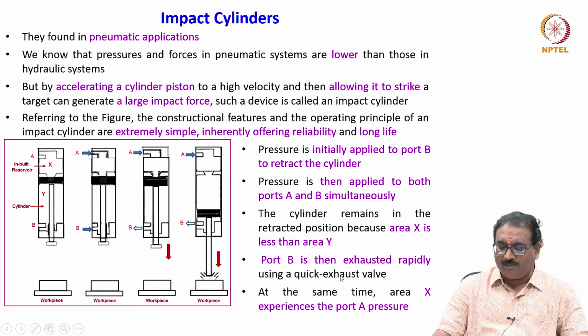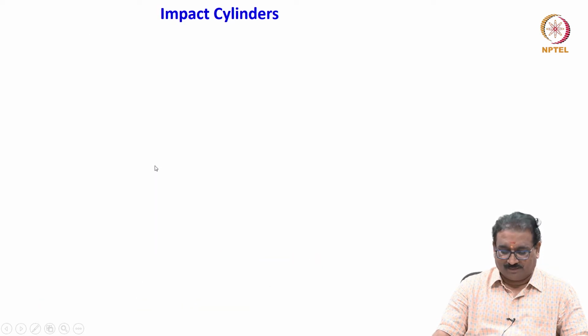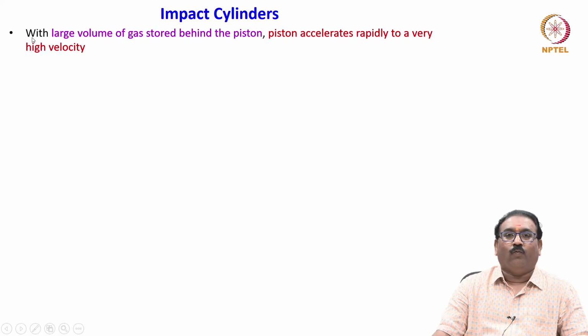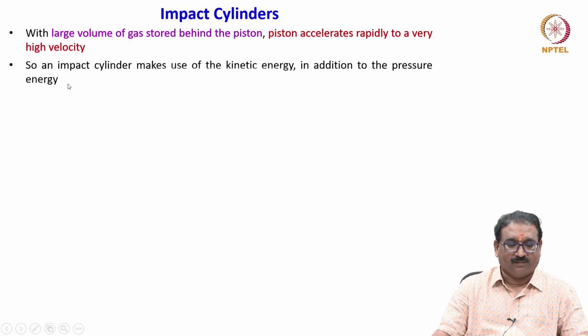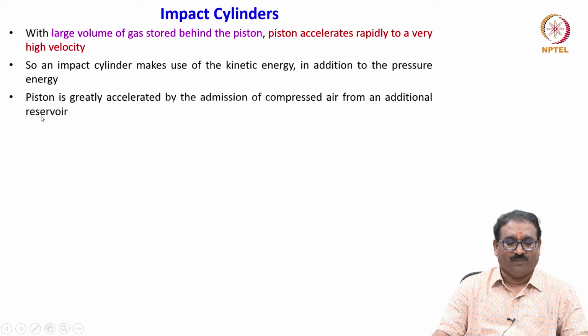At the same time, the area X experiences the fluid pressure. With a large volume of gas stored behind the piston, it accelerates rapidly to a very high velocity. So, an impact cylinder makes use of kinetic energy in addition to the pressure energy.